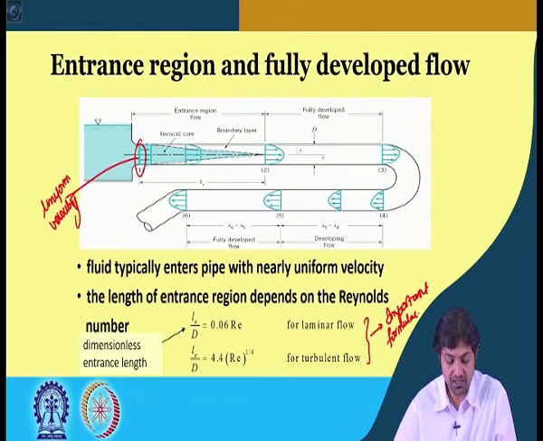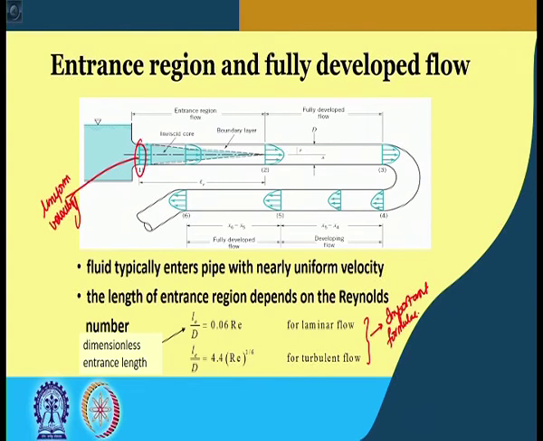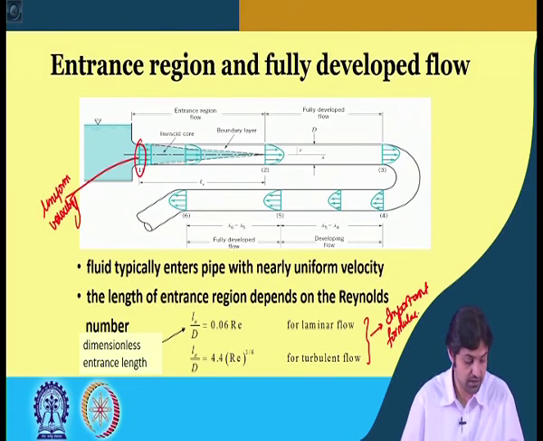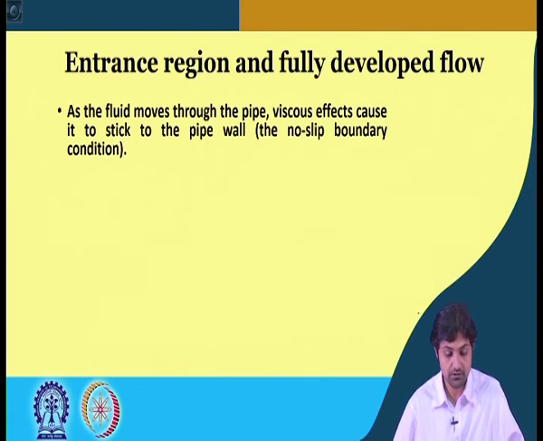If the flow is laminar, we will have a shorter entrance length, whereas if the Reynolds number is high or the flow is turbulent, we will have a longer entrance length region.